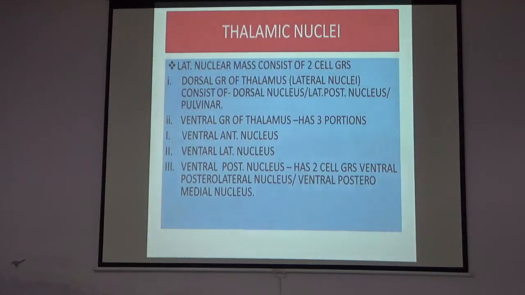The ventral posterior nucleus has two cell groups, ventral posterolateral, which is also called VPL, and ventral posteromedial, that is VPM. You will see these names coming again and again when we are going to see the connections, and in the coming chapters of CNS as well.